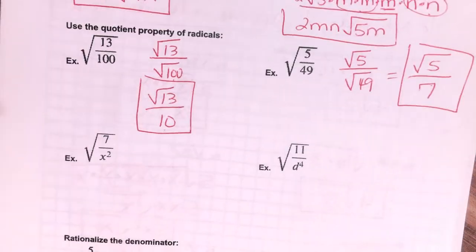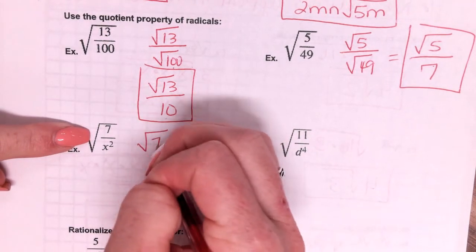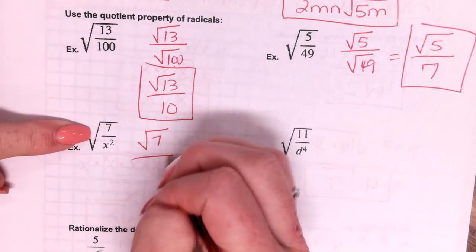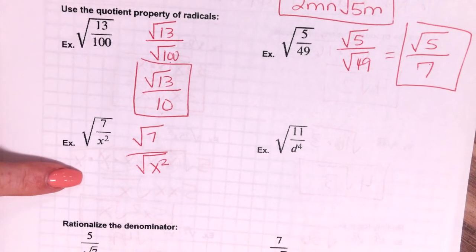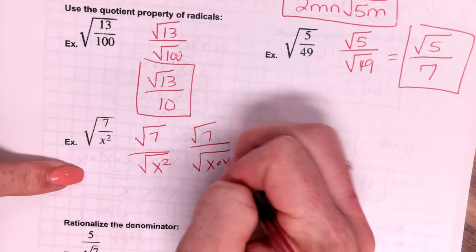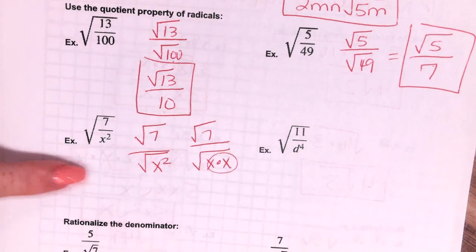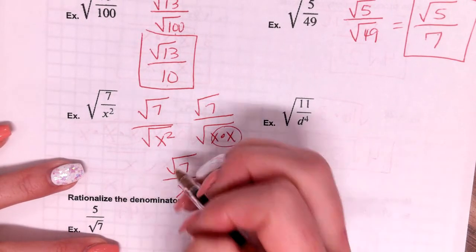All right, the next one, how would I write this? Square root of 7 over the square root of x squared. So I have the square root of 7 over the square root of x times x. There's 2 of them, so can I pull it out? Yep, so I have the square root of 7 over x.